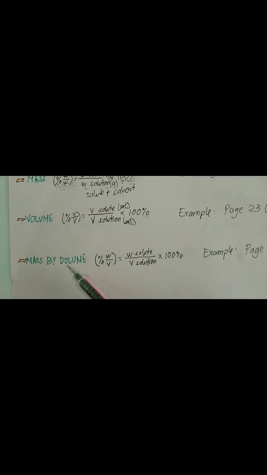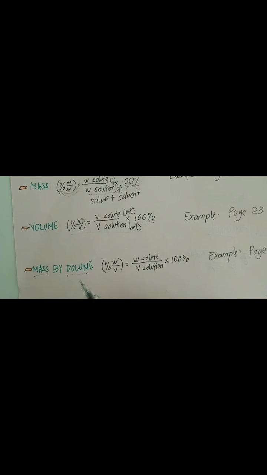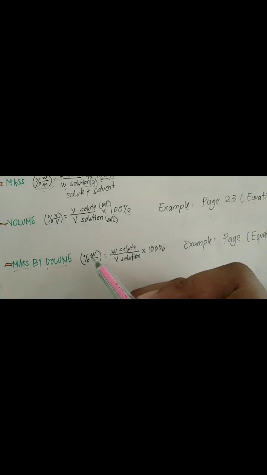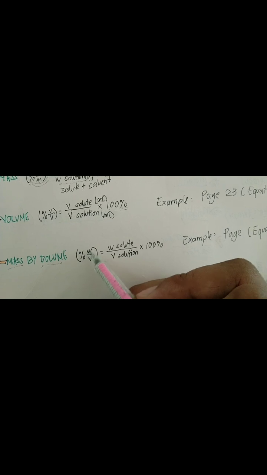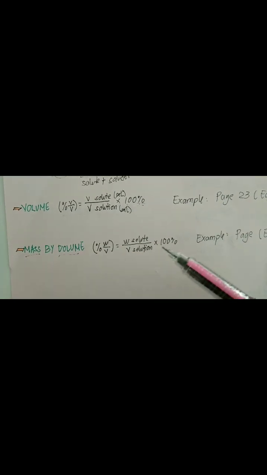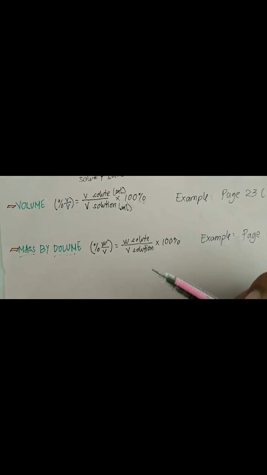Now, we'll proceed with the third one, mass by volume. In this case, do not be confused, because we just merged the units of mass and volume. The denotation here is mass over volume. Usually, the solutes are solids and they are the ones that dissolve in the solution.